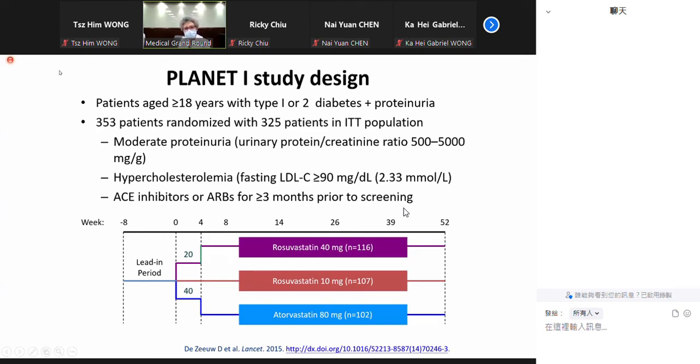But essentially, they wanted to ask the question whether rosuvastatin can actually protect the kidney. The background being there is a very famous study called Treat to New Target, where atorvastatin 10 milligram versus 80 milligram, so there was no placebo group, was used to treat to a new low target, which is LDL 1.8.